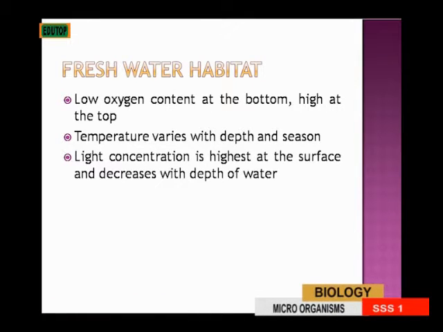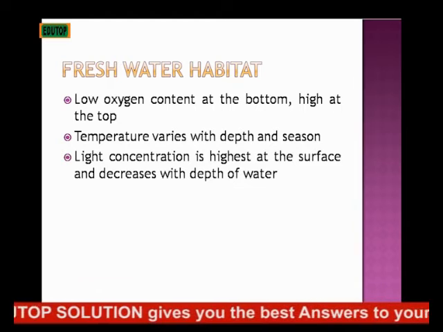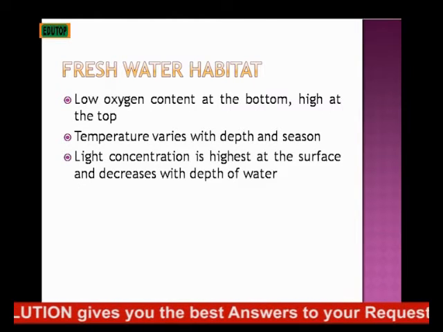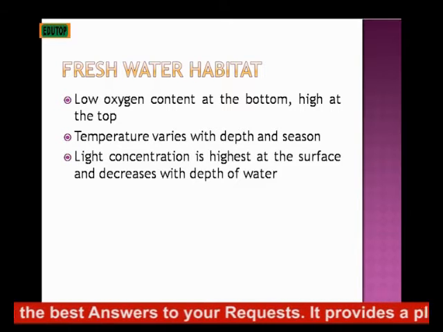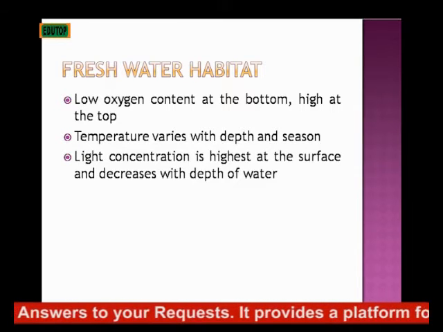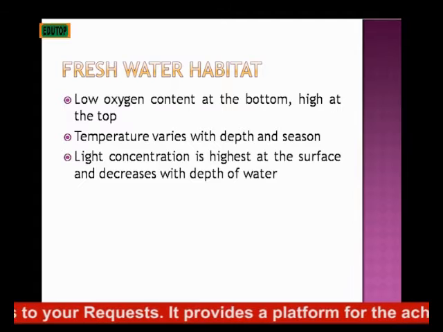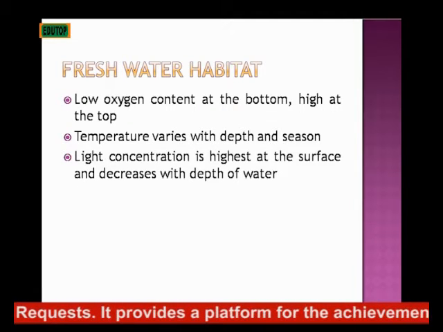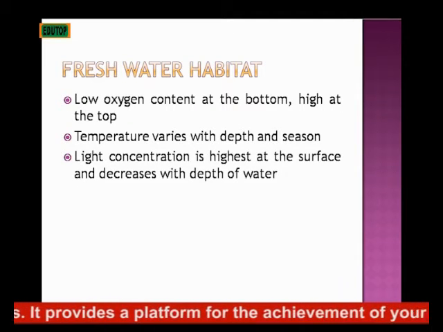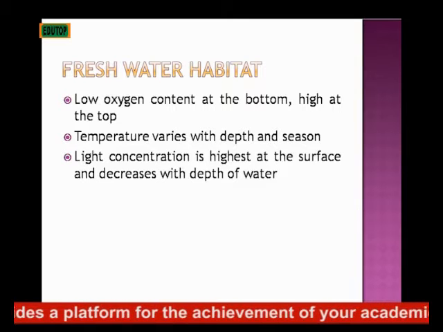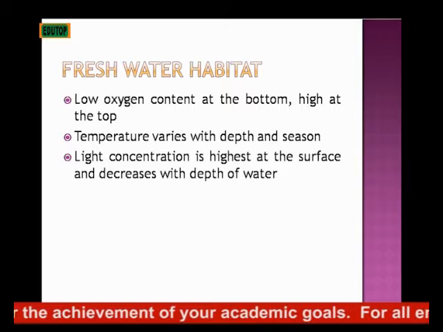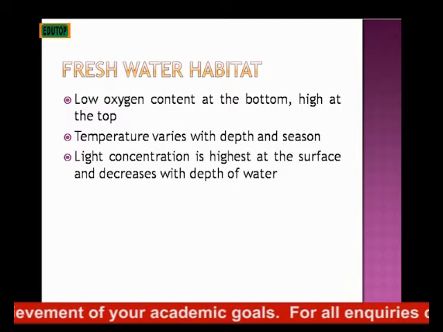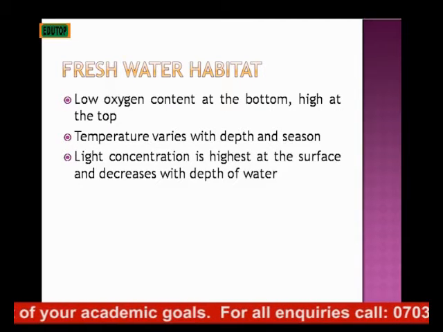Also, temperature varies with the season. When the weather is hot, the temperature will be higher than when it is cold. Also, light concentration is highest at the top. The sunlight can penetrate the surface, unlike the bottom of the water. So light concentration is highest at the surface, while it decreases as you go deeper into the water.